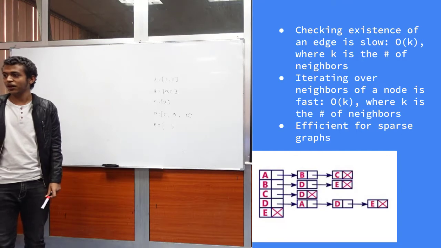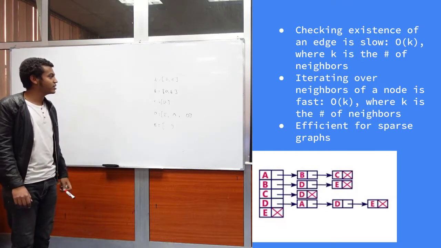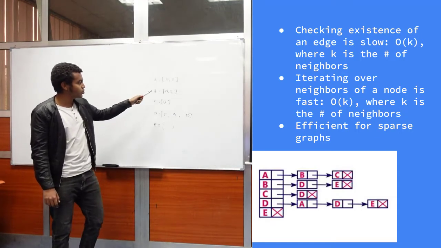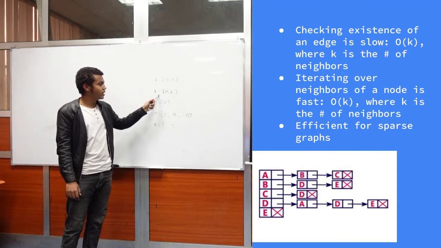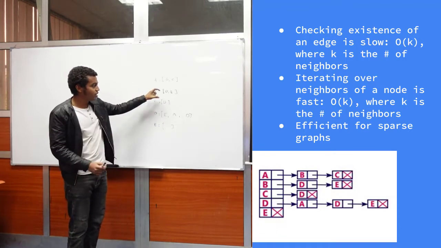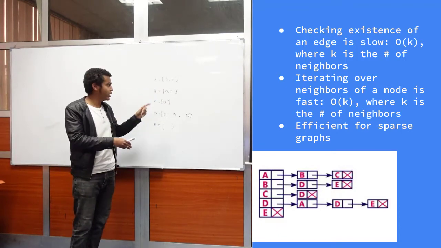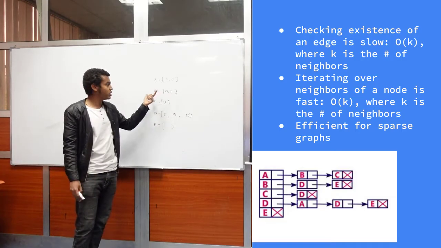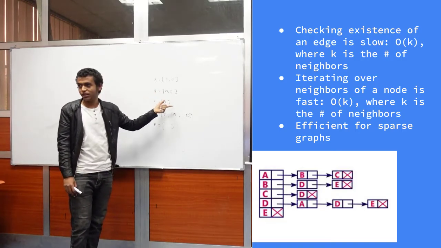That means there is a path, right? Yeah. So what he said is, you find the array that represents the neighbors of B, iterate over it, and if there is an E, that means there's an edge between B and E. If there is no E in that neighbors array, that means there's no edge between B and E, right?